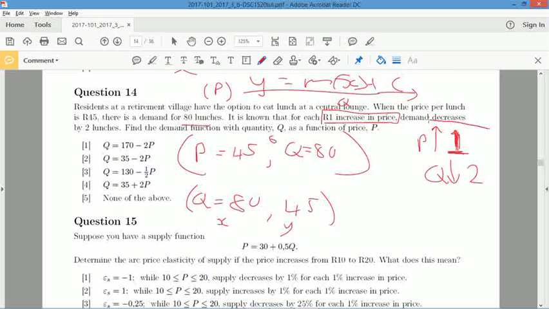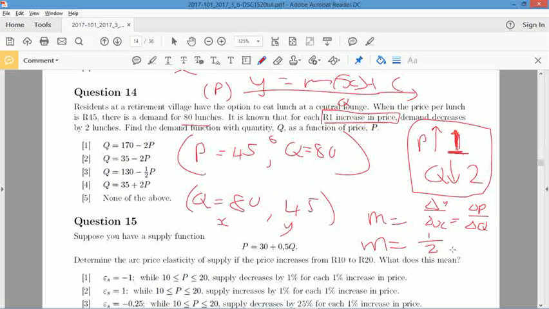So they're looking at change in p over change in q. So m would have been a change in y over a change in x, which in other words is a change in p over change in q. A change in p of 1 results in a change in q of 2. So m is a half.